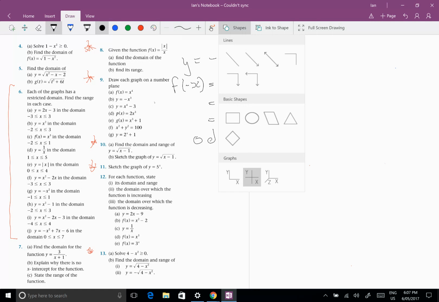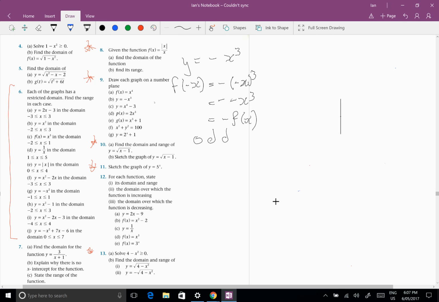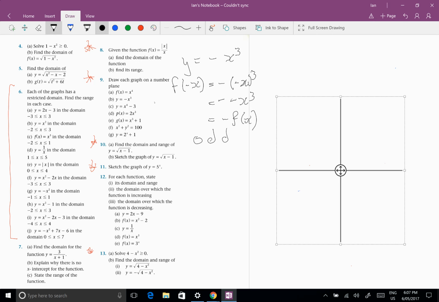Again, that's really cool because it means that we just have to draw half the function and rotate it about the origin. So again, I'm going to pick some points now for x and find out what happens. So let's pick 0. Well, 0 cubed, 0. Let's pick 1. When x is 1, 1 cubed is 1.